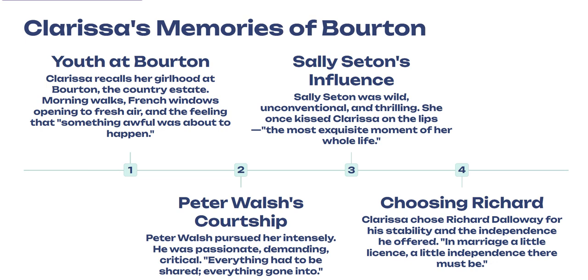And then when Clarissa chose marriage, she chose Richard Dalloway. Richard offered her stability and a kind of independence. She liked the gentle balance of marriage, a little freedom, a little safety. Clarissa's choices show her desire for a life that offers comfort and thought, not reckless freedom.